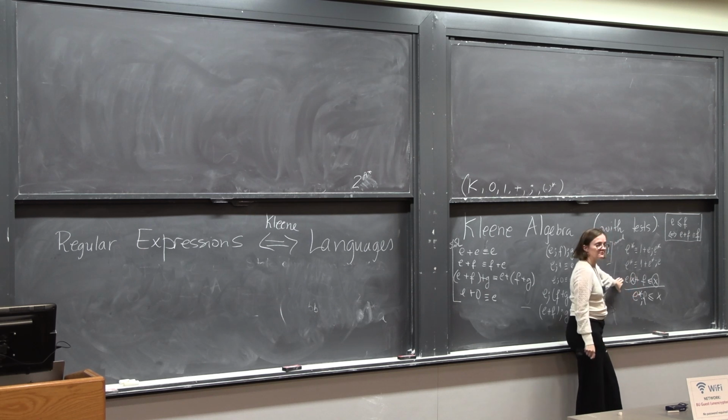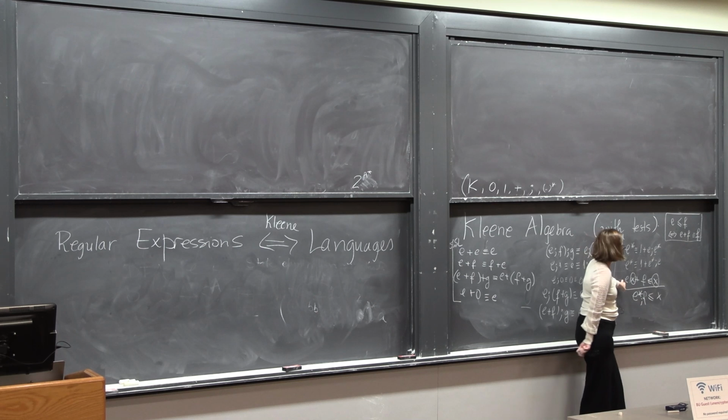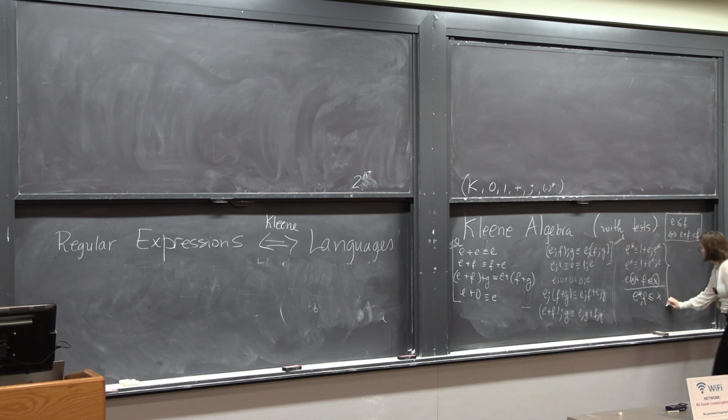But the left rule is enough. So this basically tells me E star is the least solution of this iterative inequation. This thing here axiomatizes E star as a least fixed point.